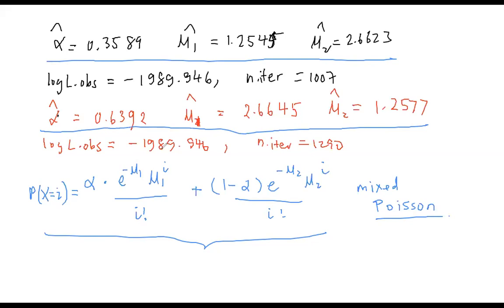So what this is saying is that your solution is actually not unique. Your maximum likelihood solution, you actually have two sets of solutions where both are maximum likelihood estimates. But why would you have this kind of situation occurring?